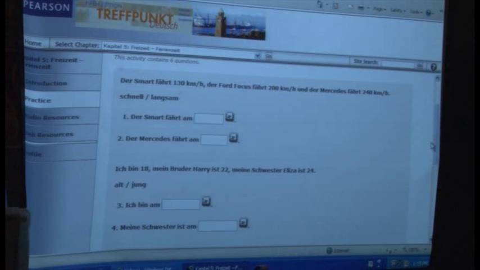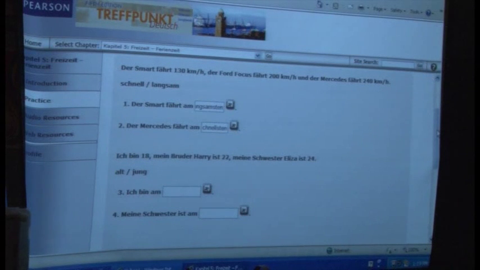Der Smart fährt, which one? Am schnellsten oder am langsamsten? Der Smart fährt am langsamsten. Und der Mercedes fährt am schnellsten. Ja? Good. So here we're using the adverb.